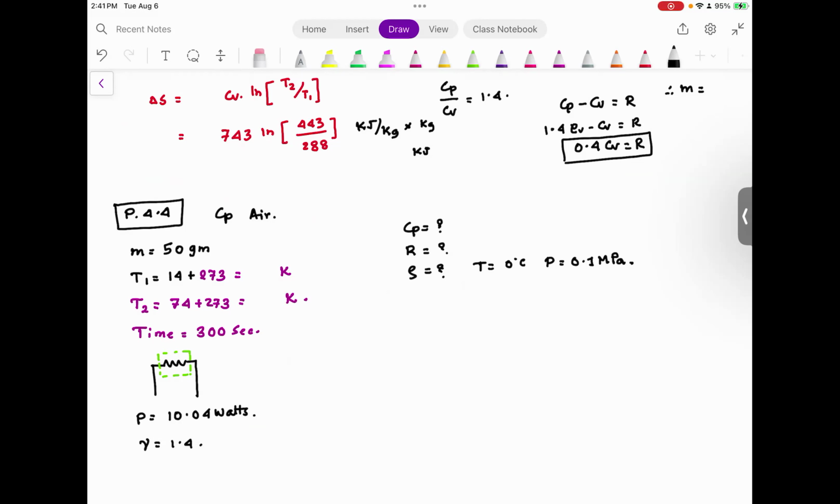First and foremost, we have to find out how much heat was supplied. Power is equal to Q divided by delta t. So power is 10.04, Q divided by 300. So 3000 joules. So the heat Q is equal to 3000 joules.